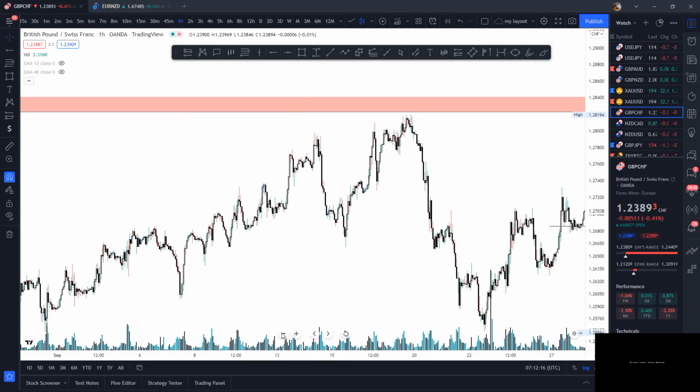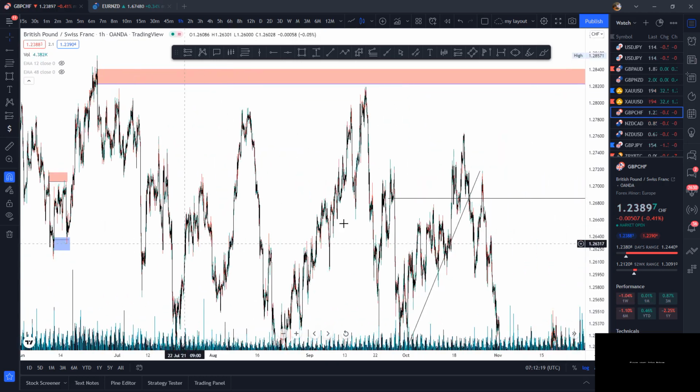It still failed to reach that particular zone on several attempts.